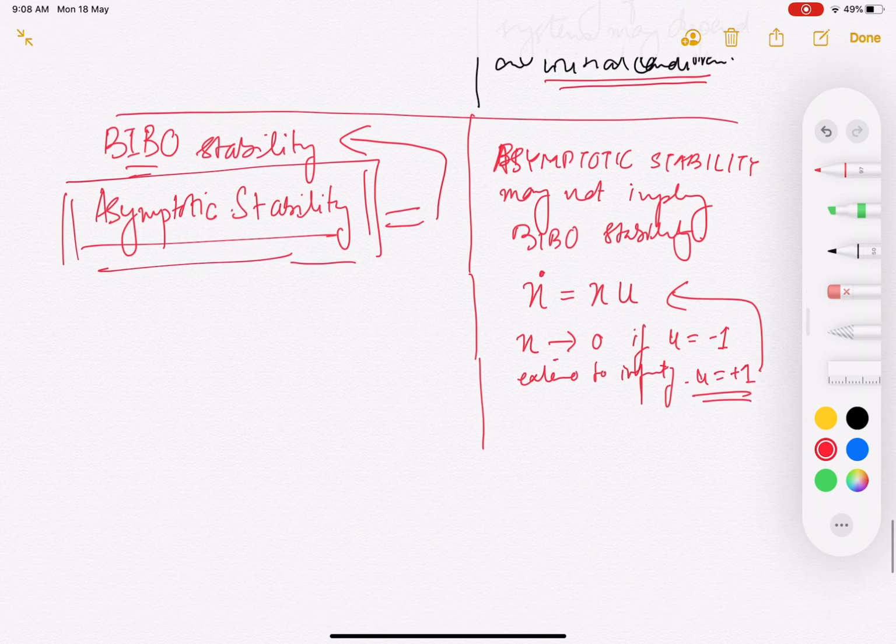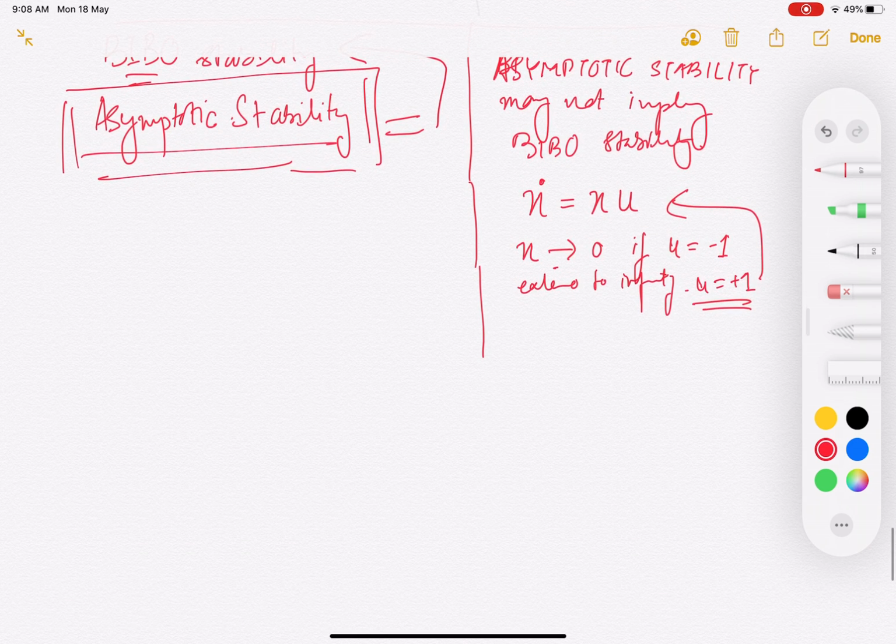Now, another important distinguishing feature between linear and nonlinear systems would be the transient response.